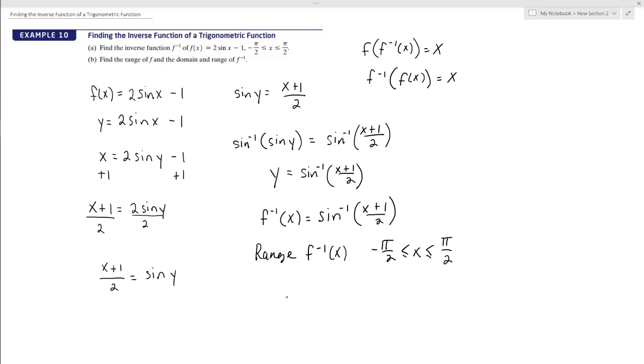So we can think of this two ways. We know that the domain of the inverse sine is between -1 and 1. So this expression inside the inverse sine has to be between -1 and 1. So we're going to put it there. Okay, and if I multiply all three locations by 2, we can isolate x in the middle.